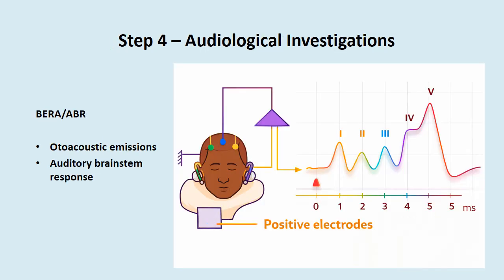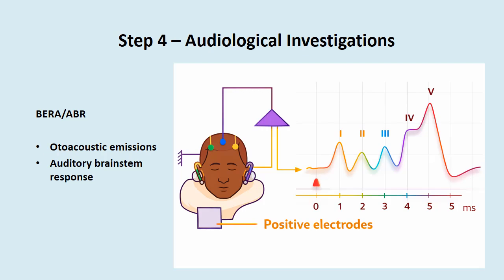Brainstem Evoked Response Audiometry, also called BERA or ABR, is a non-invasive electrophysiological test that measures neural activity from the auditory nerve to the brainstem in response to sound. It produces a characteristic waveform, waves 1 to 5, to assess the whole auditory pathway from the auditory nerve to the inferior colliculi.